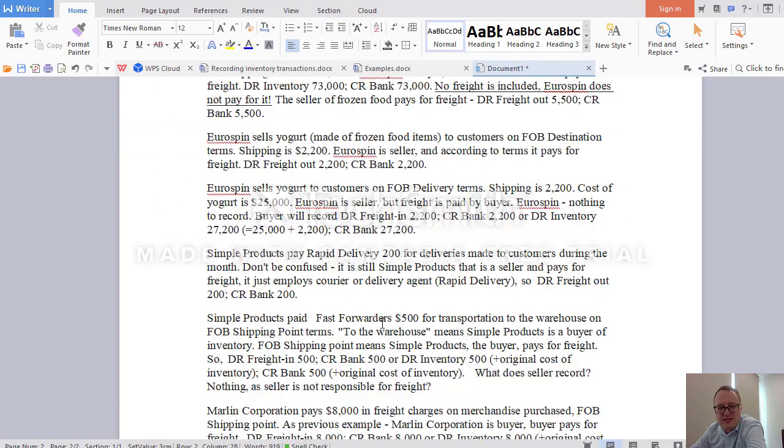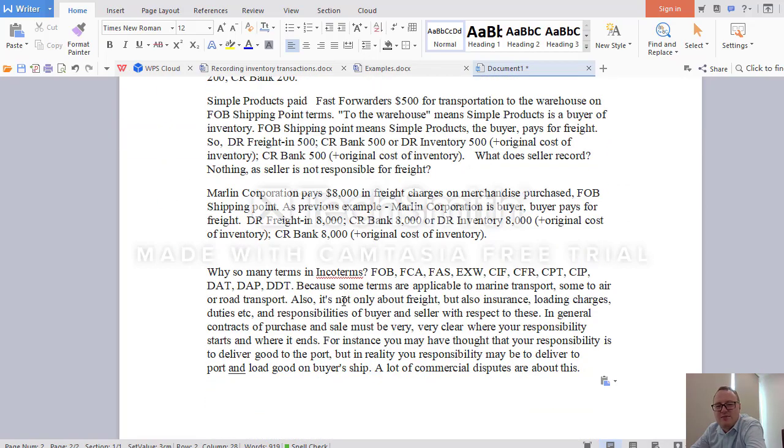So that's the example. The terms are very important because you need to know where your responsibility finishes and ends, and in the commercial contracts it must be clarified with very much detail where your responsibility finishes. Otherwise, there will be unpleasant surprises.